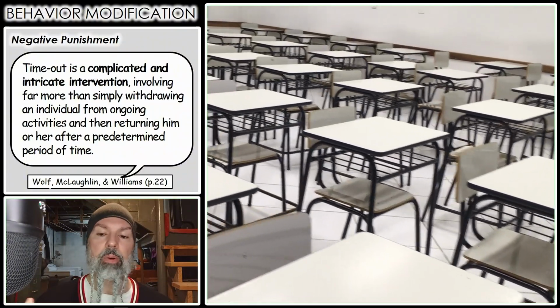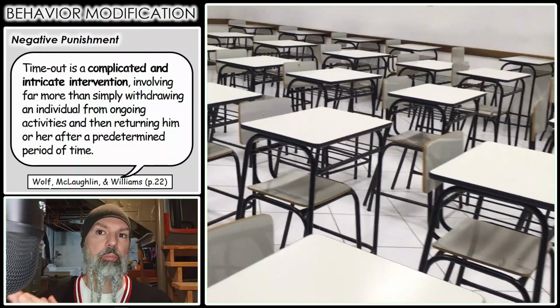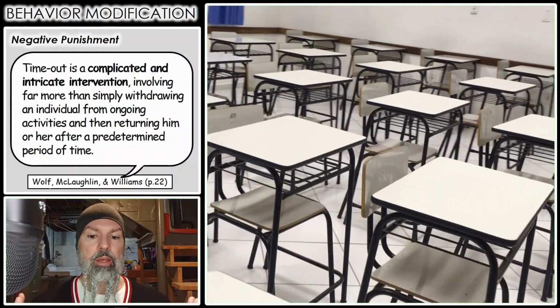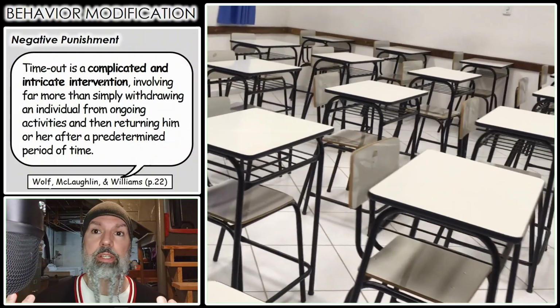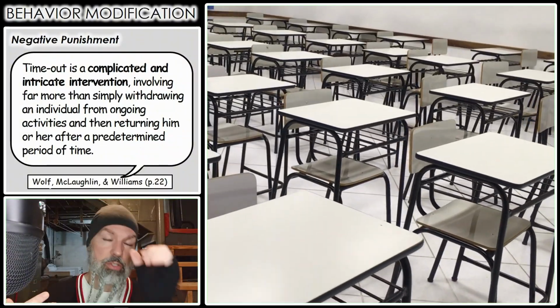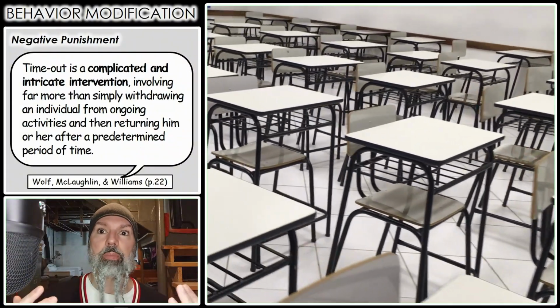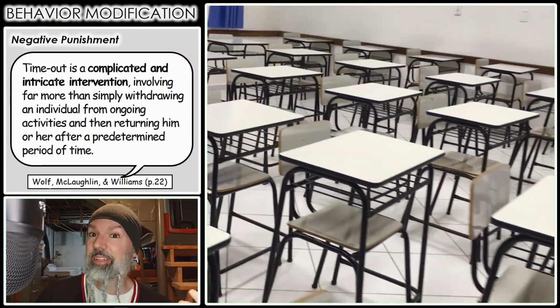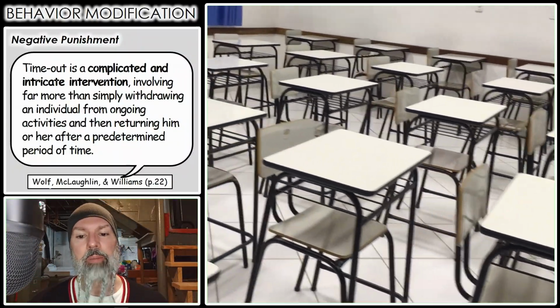So for example, you might want to move a person with a problem behavior to a separate room, but it might just be that no separate room is available. It might be that in a particular school, we just don't have access to a separate room, or we don't have access to somebody who can monitor the student while they're in the separate room, and you can't leave children alone in a separate room.